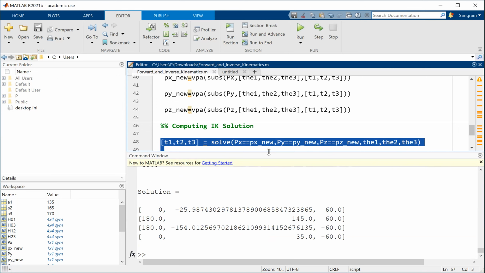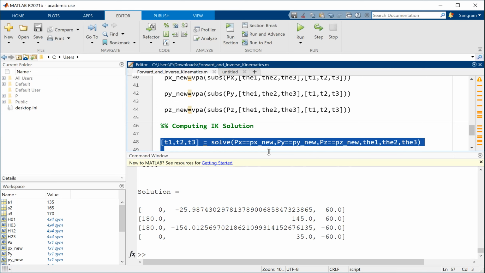So what is the first solution? Theta 1 is equal to 0, theta 2 is equal to minus 25, theta 3 is equal to 60 degrees. If you substitute these values in your forward kinematics expression, you will get the same Px, Py, Pz. Everyone understood this? Second solution is 180 for theta 1, 145 for theta 2, 60 degrees for theta 3.